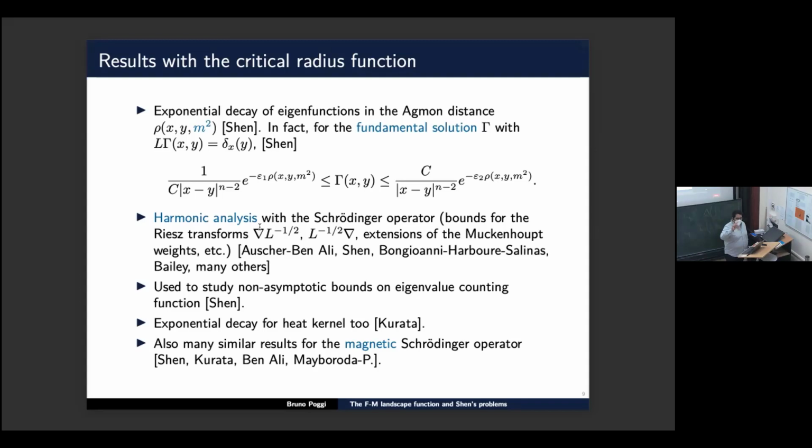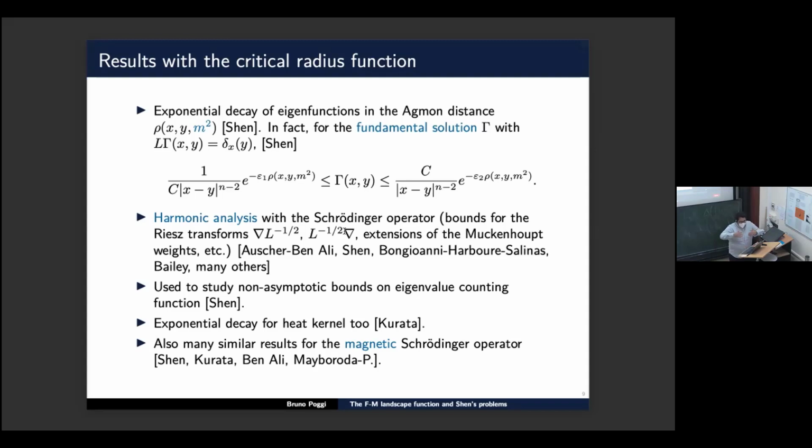But in order to do that, a main step first is to prove that the fundamental solution has fast enough decay. In fact, some very large polynomial decay is enough, but you in fact have exponential decay in this setting.